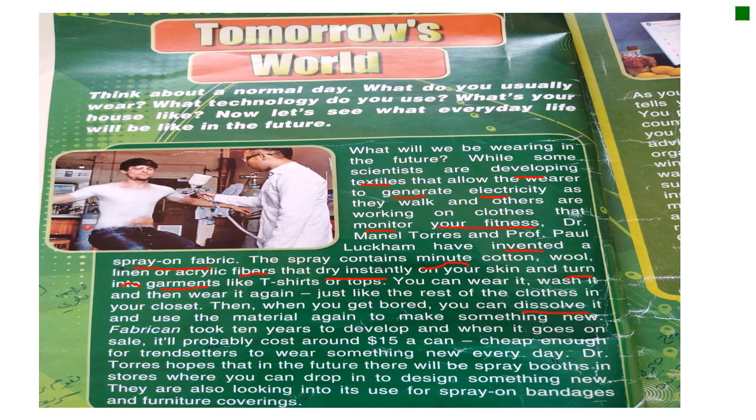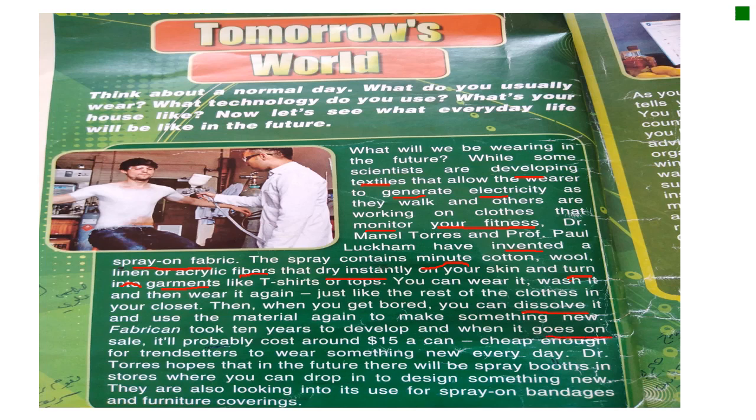Fabric can take 10 years to develop, and when it goes on sale, it'll probably cost around $15 a can, cheap enough for trendsetters to wear something new every day. What do you mean by go on sale?